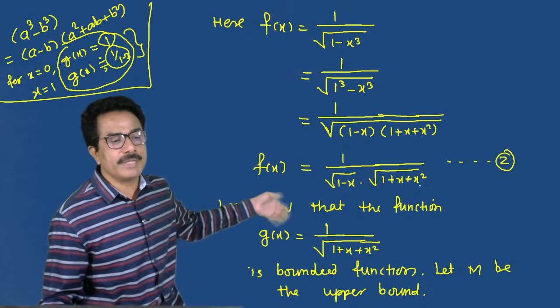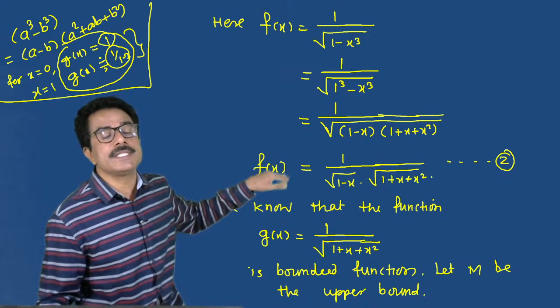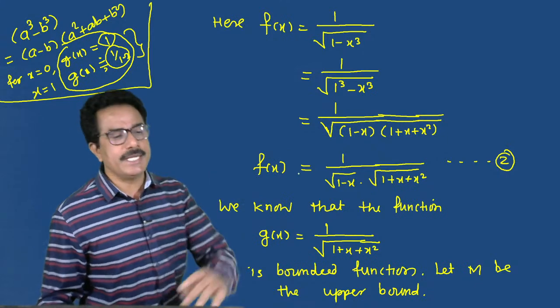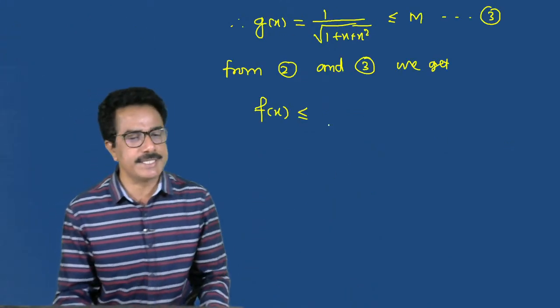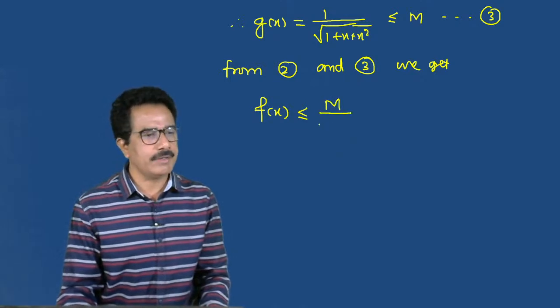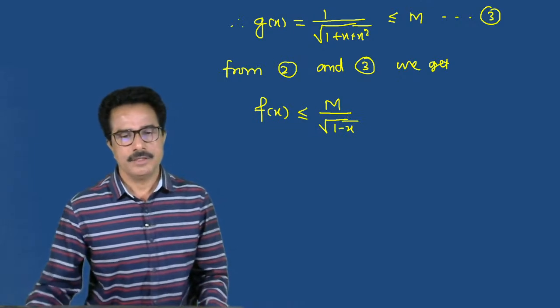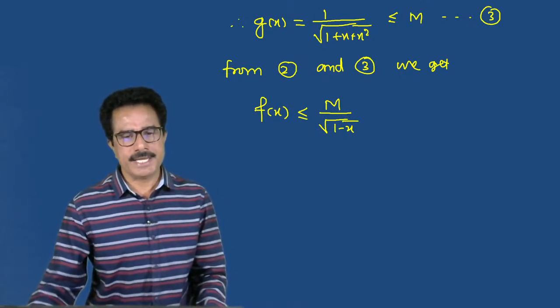The second part of equation 2, 1 upon root 1 plus x square, is less than m. So we can write f of x is less than or equal to m divided by root of 1 minus x.